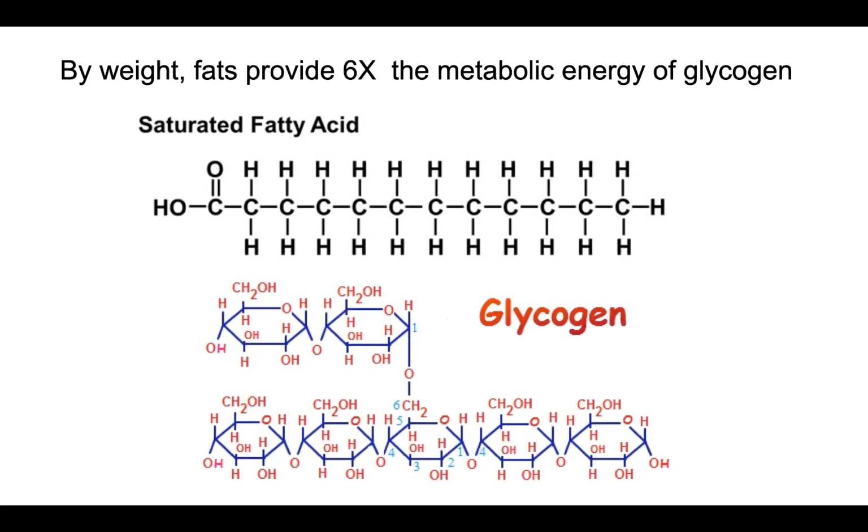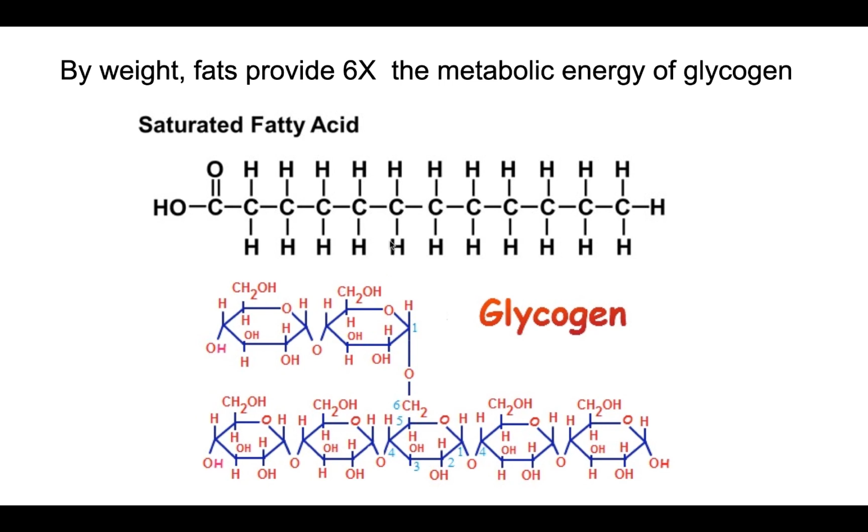If you take a careful look at a fatty acid and compare it to glycogen, and you compare the reduction state or the oxidation state of the two, you will see that the typical carbon in fatty acids is much more reduced than the typical carbon that you would see in glycogen, for example.